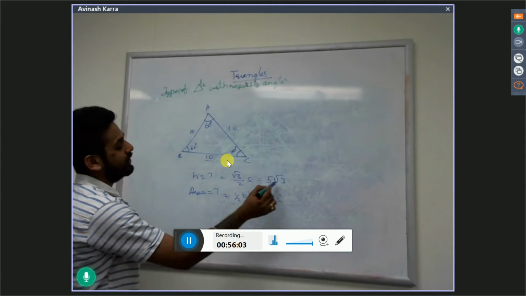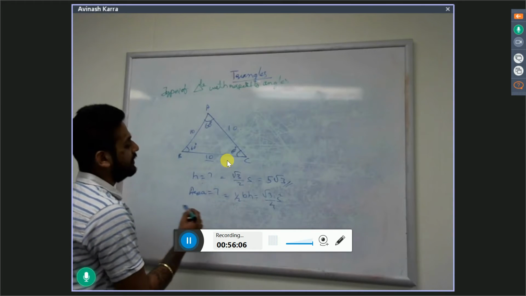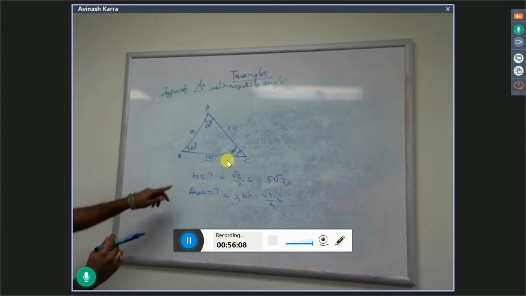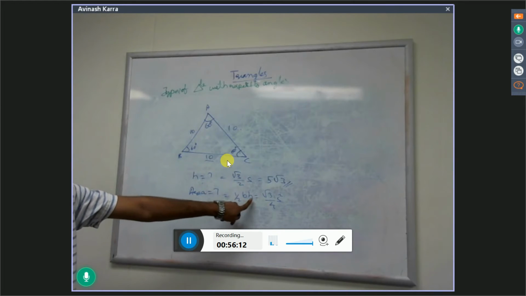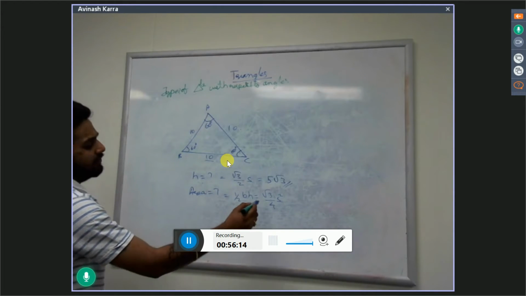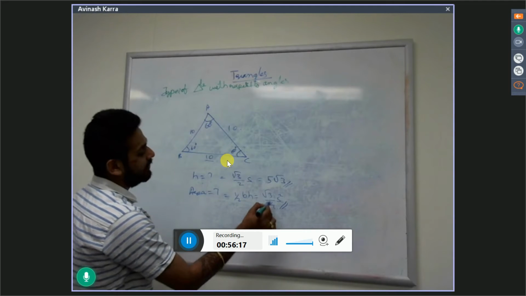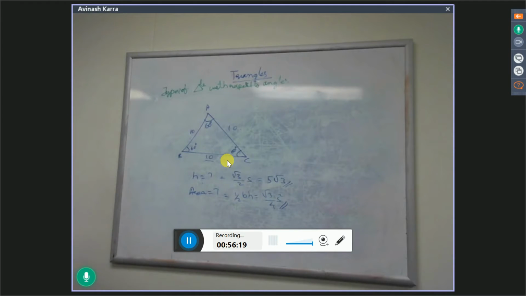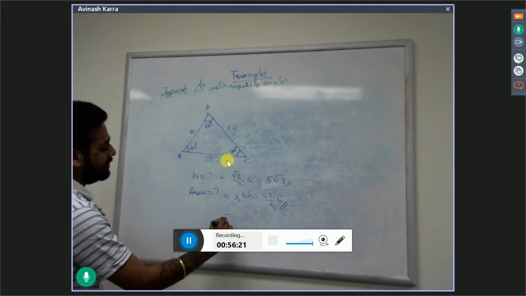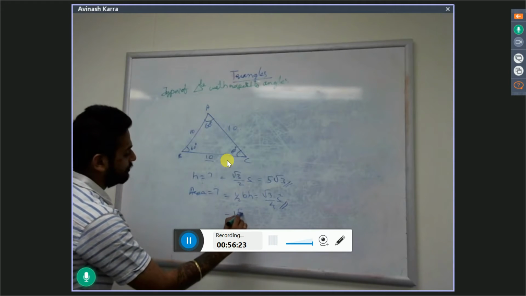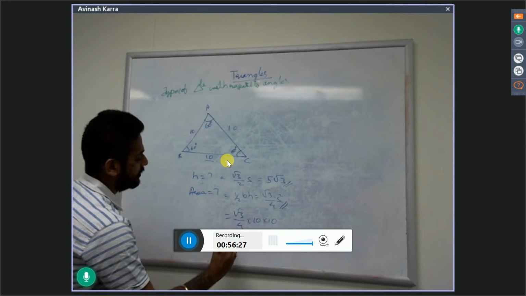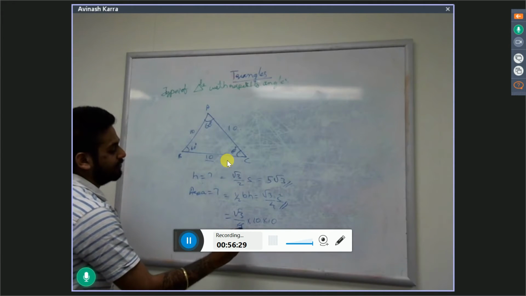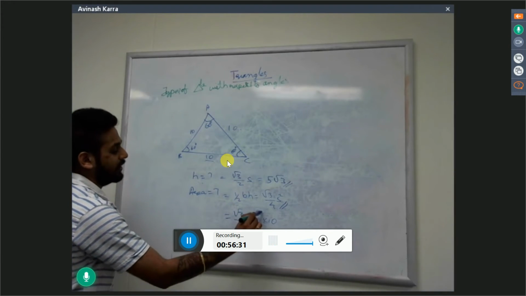So root 3 by 2 into 10, I will get again 5 root 3. And what is the area? Area is nothing but half into base into height. And I can write it as root 3 by 4 times side square. What is root 3 by 4? Okay.